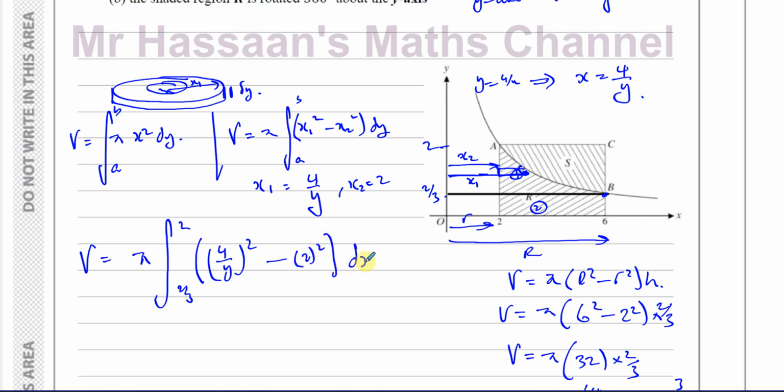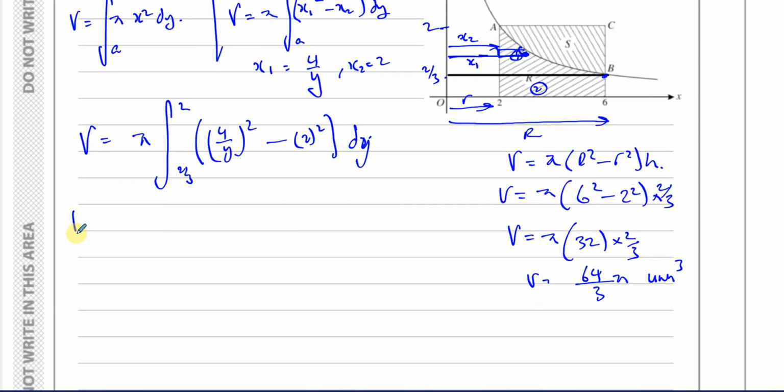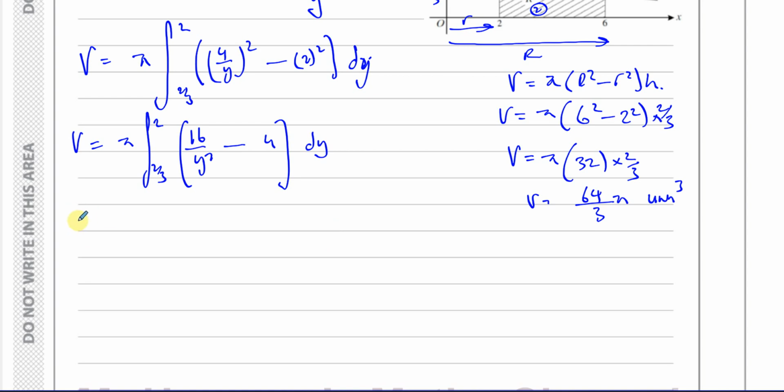This is integrated with respect to y this time. So the volume equals pi times the integral from 2/3 to 2 of 16 over y squared minus 4 dy.